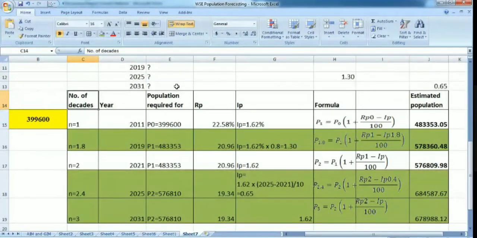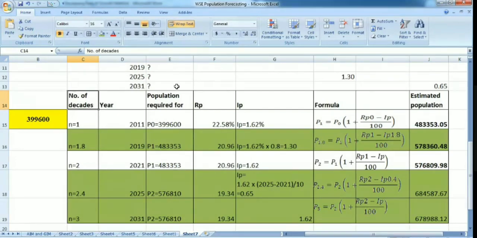Irrespective of which stream you choose in the future, whether you become a transportation engineer, structural engineer or environmental engineer, you should see that you fulfill the demands of the people who will be there in the future.